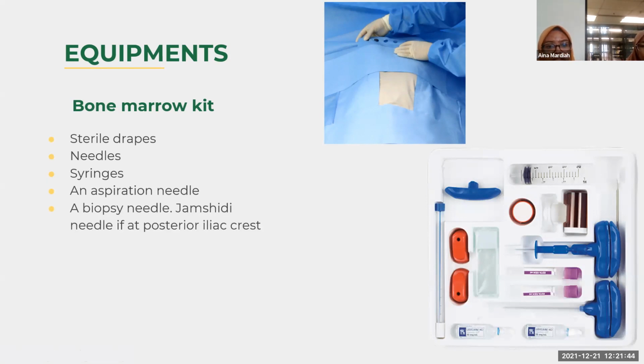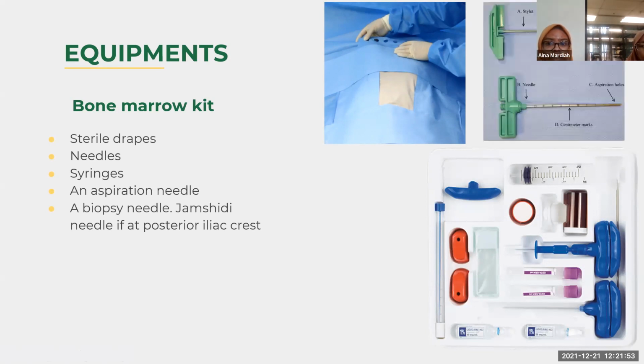For the biopsy needle, we always opt for the Jamshidi needle if we do bone marrow aspiration at the posterior iliac crest. So this is the Jamshidi needle. We have the centimeter guide here.